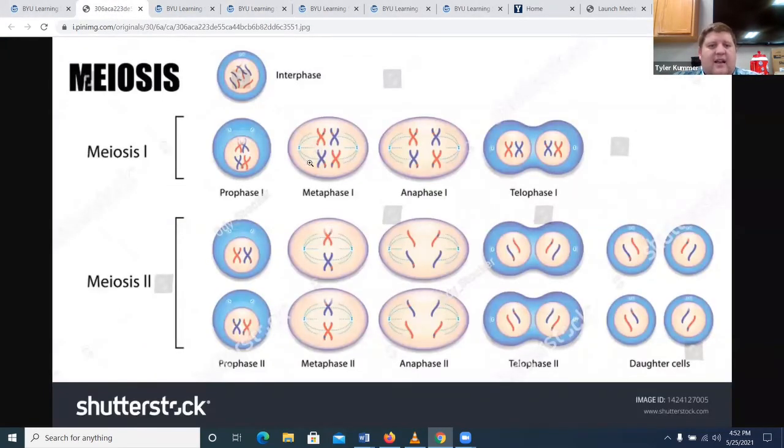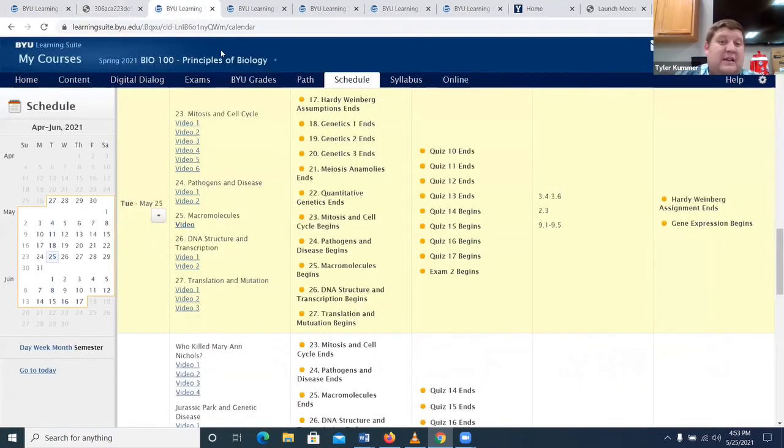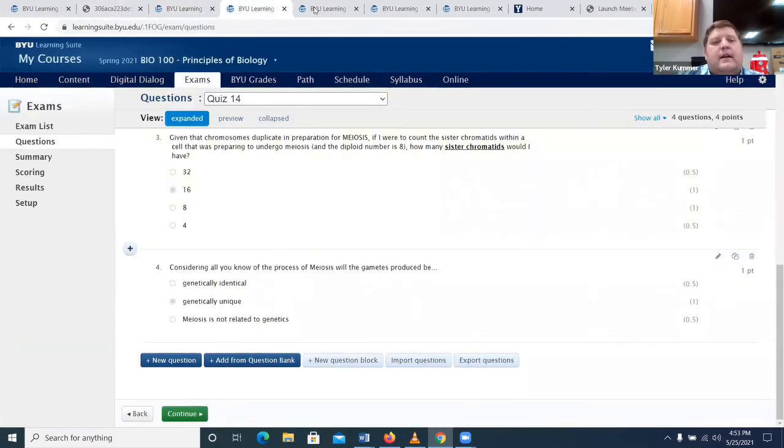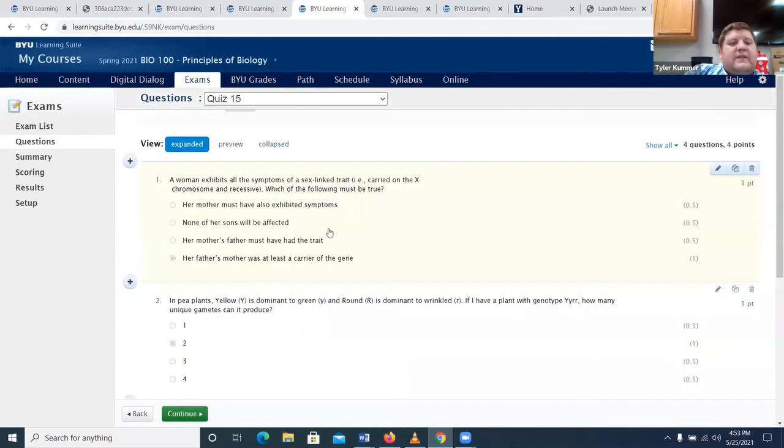We had to separate the 2 chromosomes of the pair. That's going to separate 2 alleles that I have. Law of segregation. And then independent assortment: genes that are on this chromosome will independently assort from genes on this chromosome. And so he was describing this process without actually even being able to see it, which is really cool. Anyway, quiz 15.